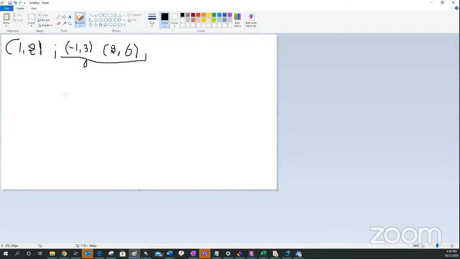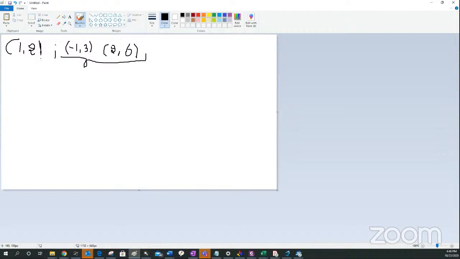So we're going to start with this one first, right? We want to show that the line through (1, 2) is parallel to the line through (-1, 3) and (2, 6). First of all, we need to calculate the slope.